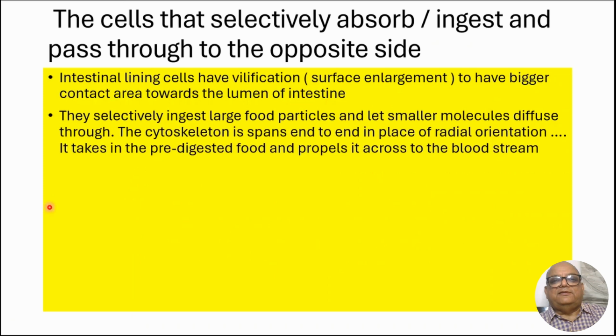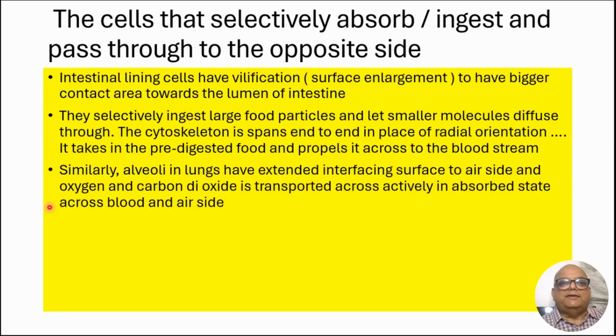Instead of radial orientation, it takes pre-digested food and propels it across to the bloodstream side. Okay. So intelligence of identifying the food on one side and the active mechanism to propel the food to the bloodstream, both the functionalities are there. It's a diversification, a specialization typically.